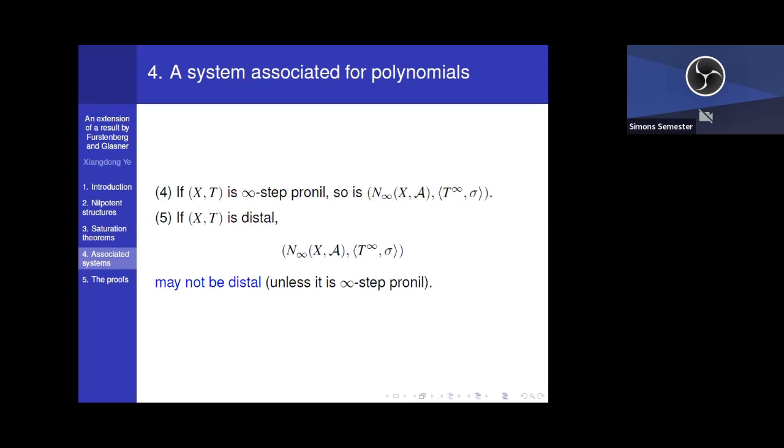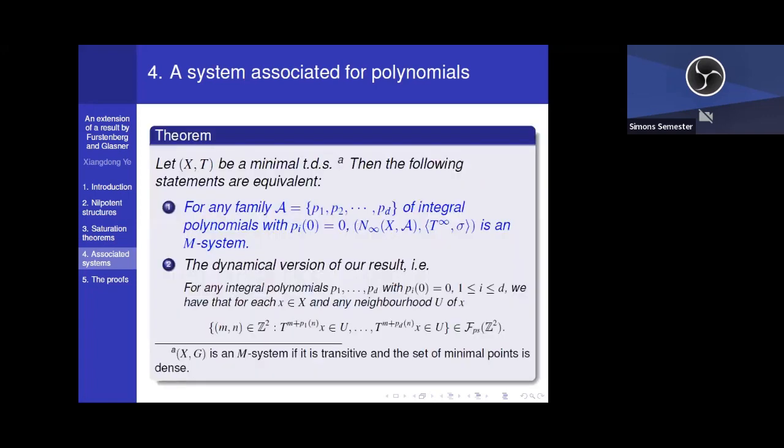That means it looks like the Brody shift. So you can pick two points that have different coordinates at 0, but can be the same at other coordinates.